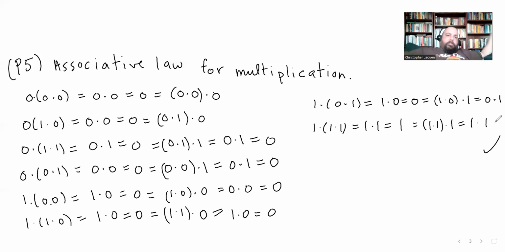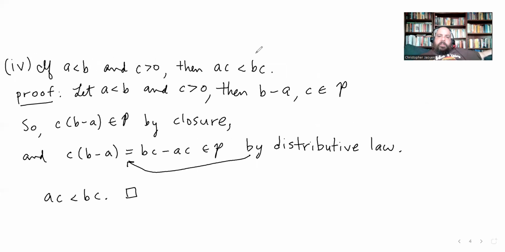All right, and that verifies P5. Associativity is probably the most annoying one.